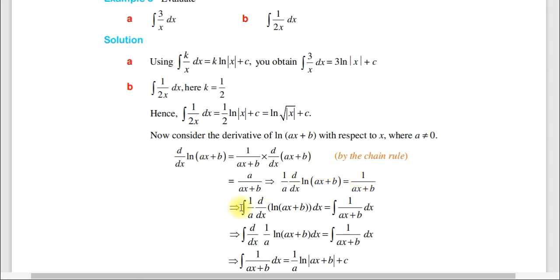So the integral of (1/a) d/dx of ln(ax + b) dx is equal to the integral of 1/(ax + b) dx.